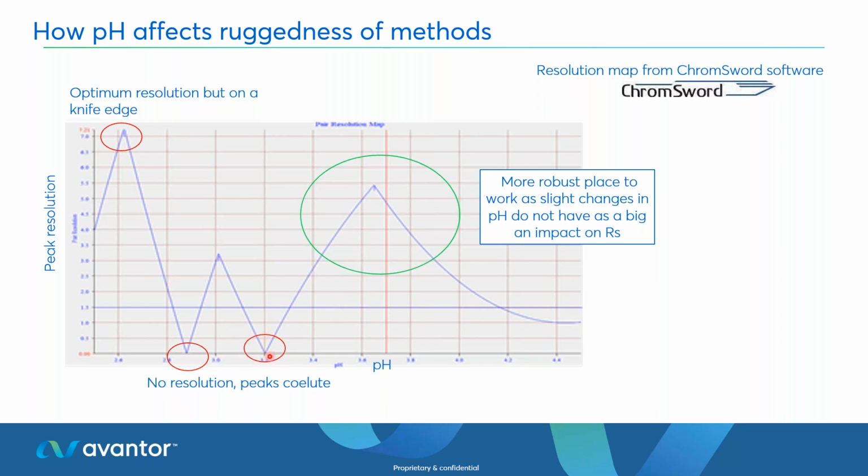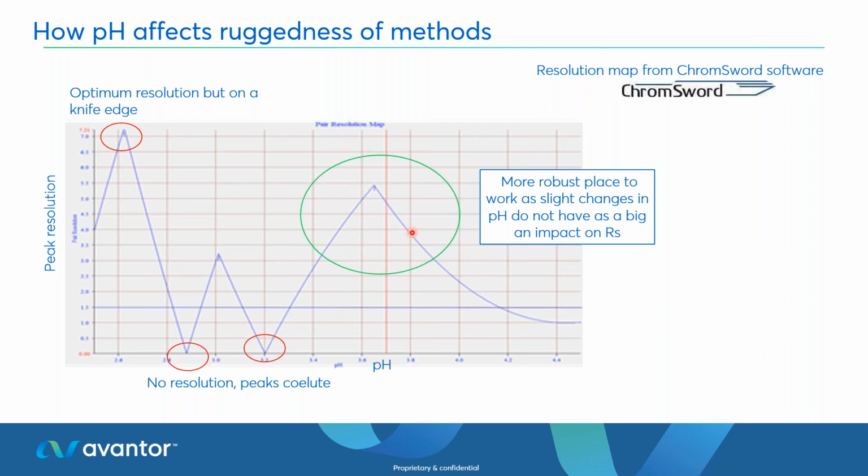Really bad places to work are down here because I've got co-eluting peak pairs. This would be a pretty good place to work because I've got the highest possible resolution, but you see how sharp this is. A very slight change or error in the way I've made up my mobile phase will lead to a very big shift in the resolution.